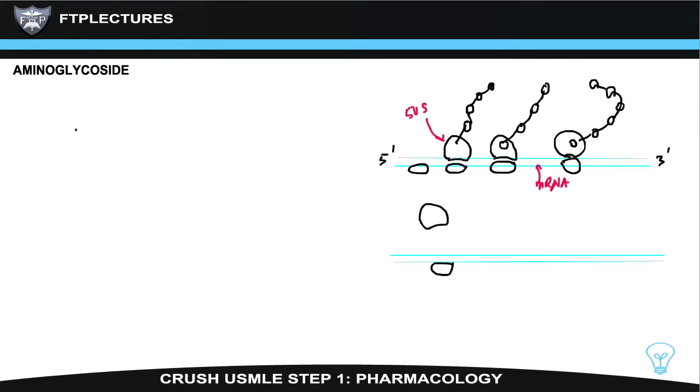Welcome to Crush USMLE Step 1 Pharmacology lecture, where I'll be talking about aminoglycosides, also known as protein synthesis inhibitors. These drugs are known as protein synthesis inhibitors because they affect bacterial protein synthesis.